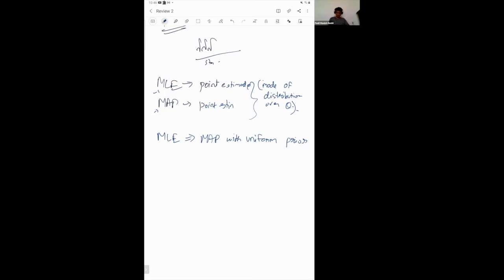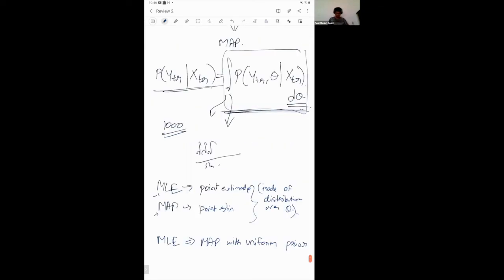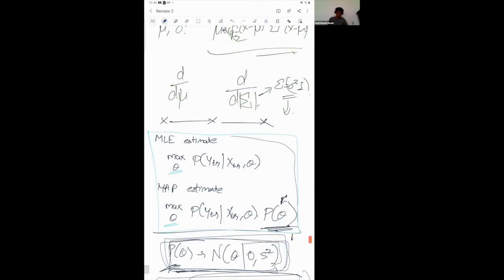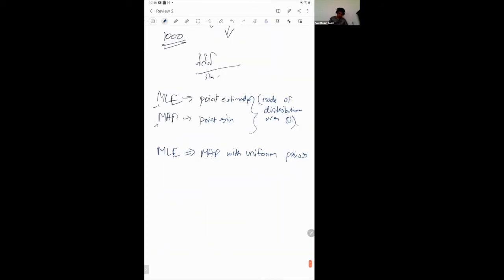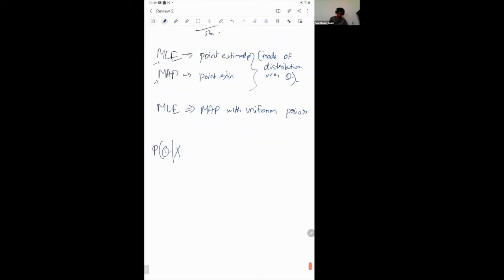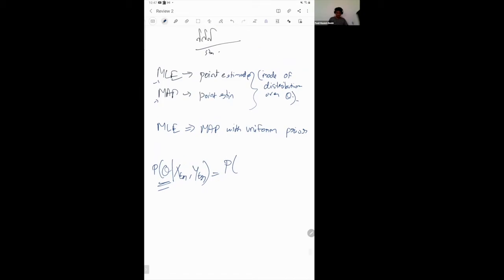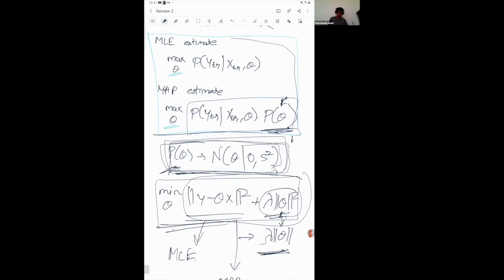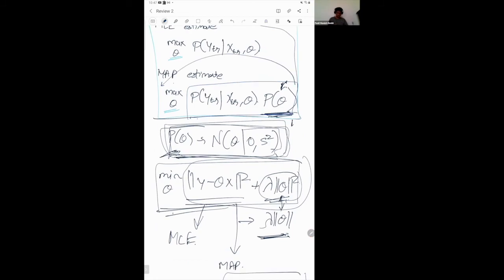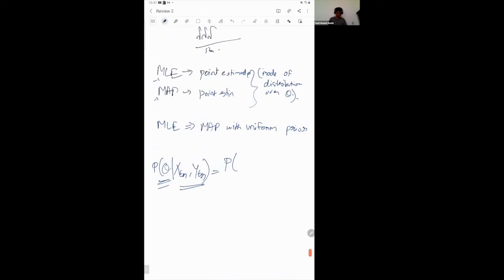But one more point that I needed to tell about MAP. After multiplying this, it's again a distribution on theta, right? Given this theta, you are getting a new distribution on the same theta, but now you have observed this x train and y train data.